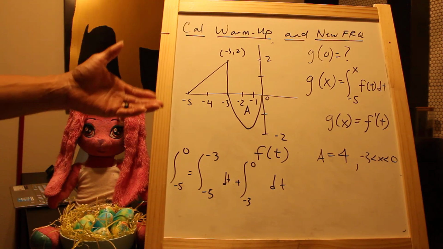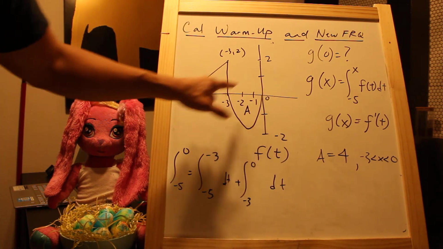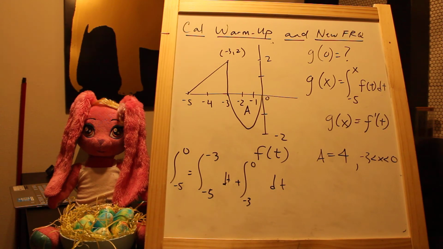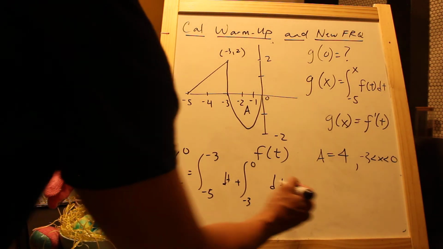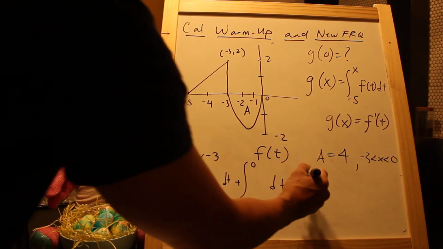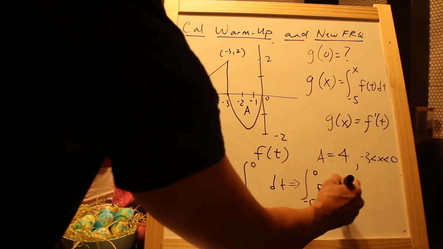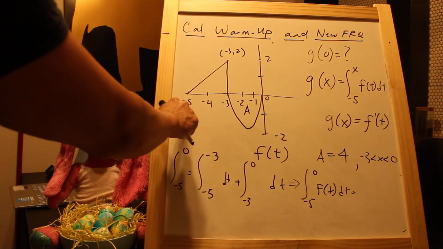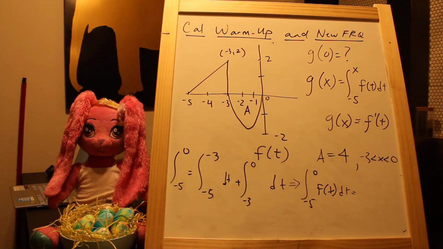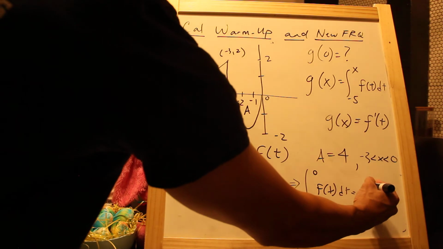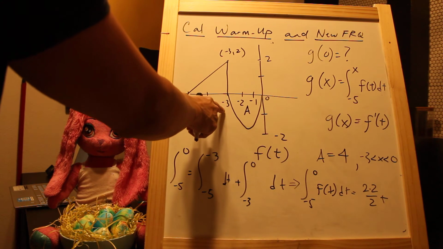Remember that the integral is the area bounded between the x-axis and the curve, or the shape that I have here. So what I really have altogether, the integral from -5 to 0 of f of t dt, would be the base from -5 to -3, which is 2, times 2, divided by 2, plus, well, what's the area between -3 and 0?